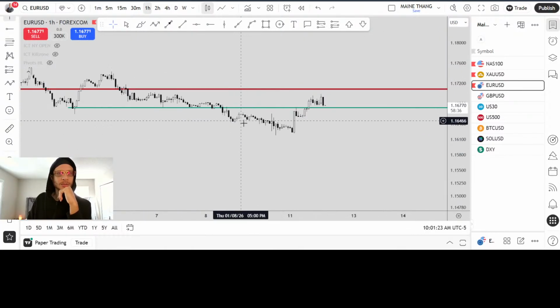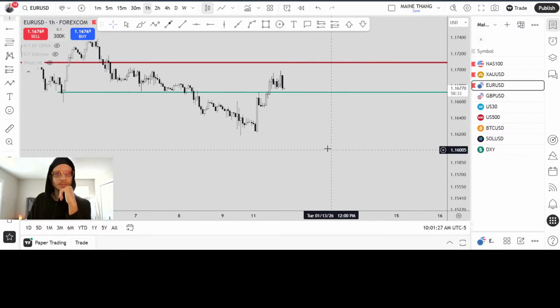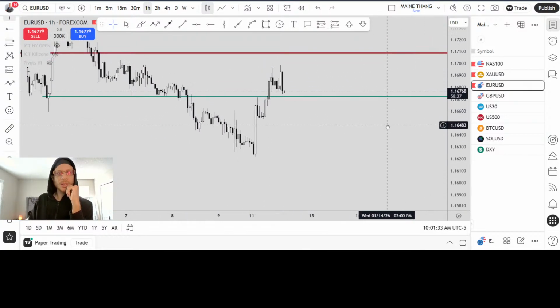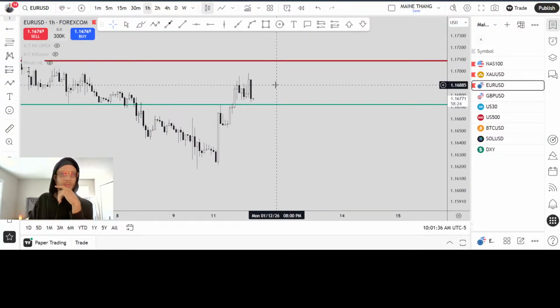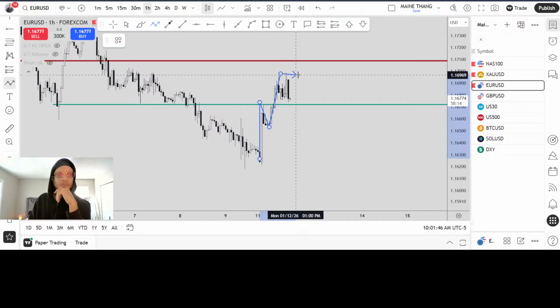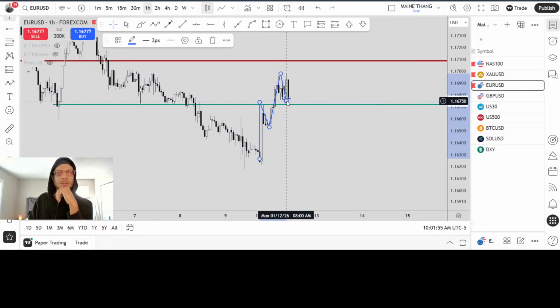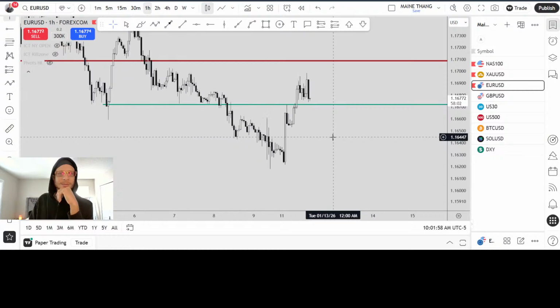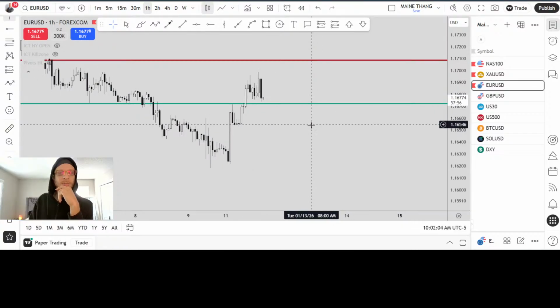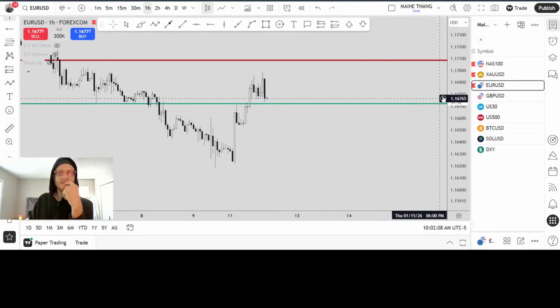Then on the 1-hour, it's going up, so we want to see a breaker structure on the 1-hour, because right now it's just correcting. Failed to make a new high. So we want to wait. So you come back across here, or we see a breaker structure on the 1-hour for sure.